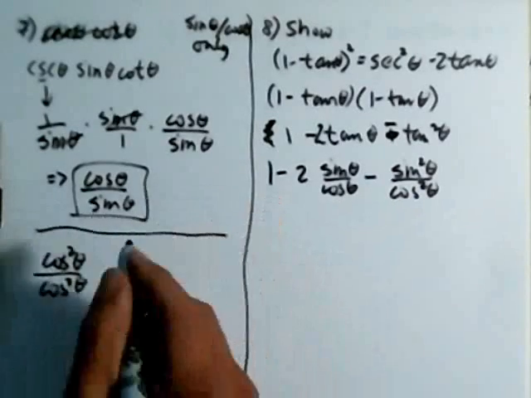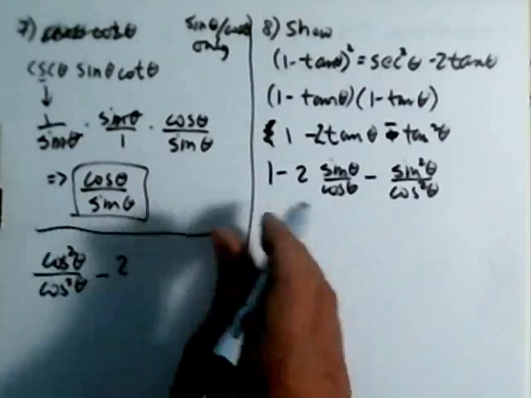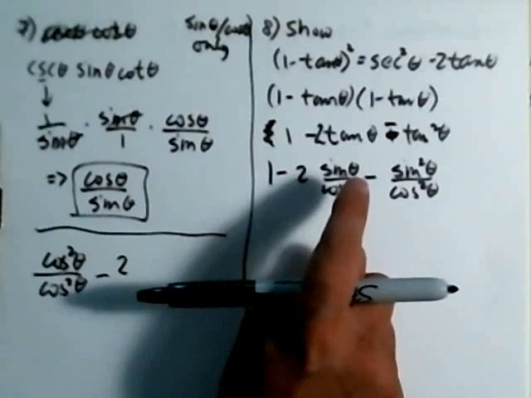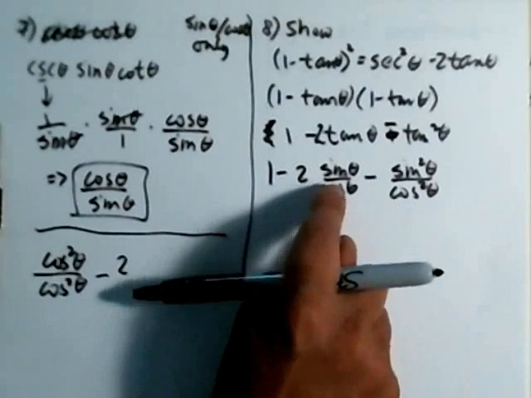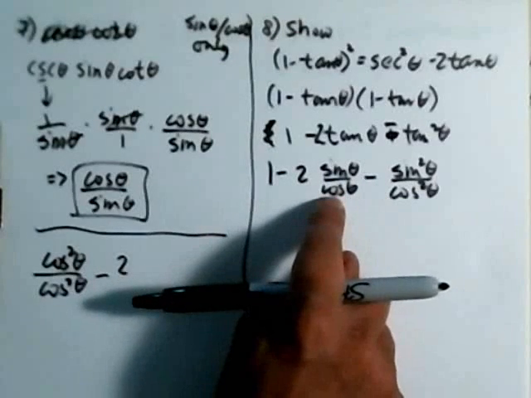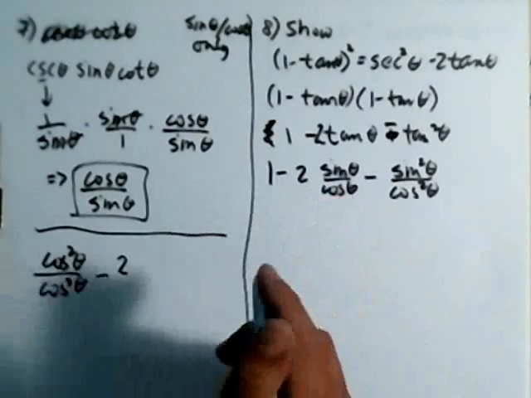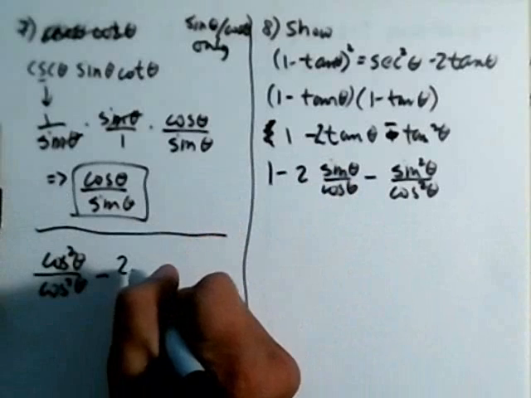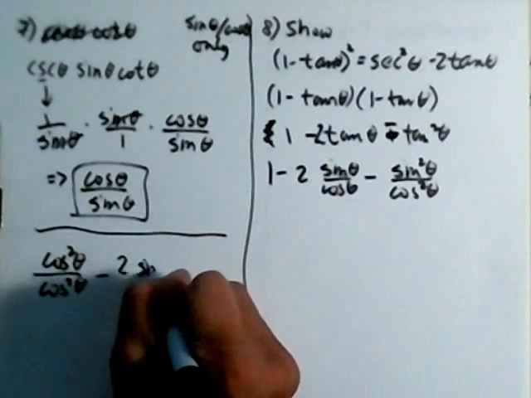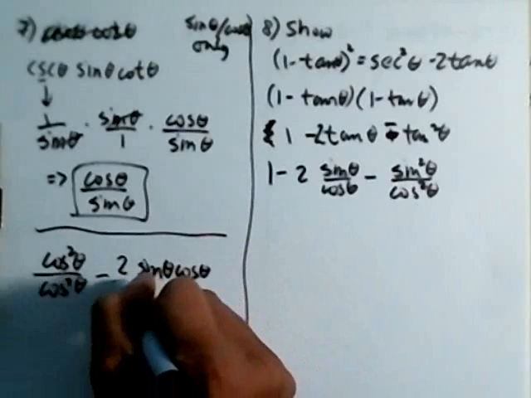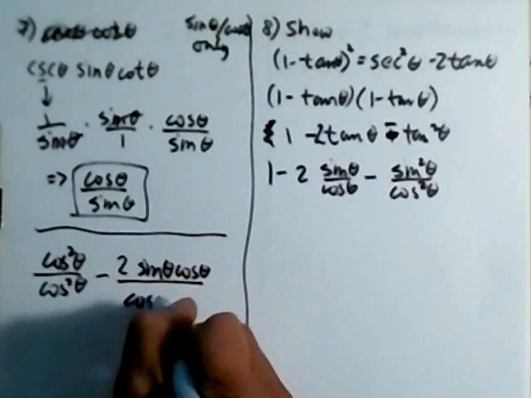Minus 2 sine theta over cosine theta. We're missing a cosine theta factor for the LCD, least common denominator. So I'm going to multiply this by cosine theta, numerator and denominator: minus 2 sine of theta cosine of theta over cosine squared theta.